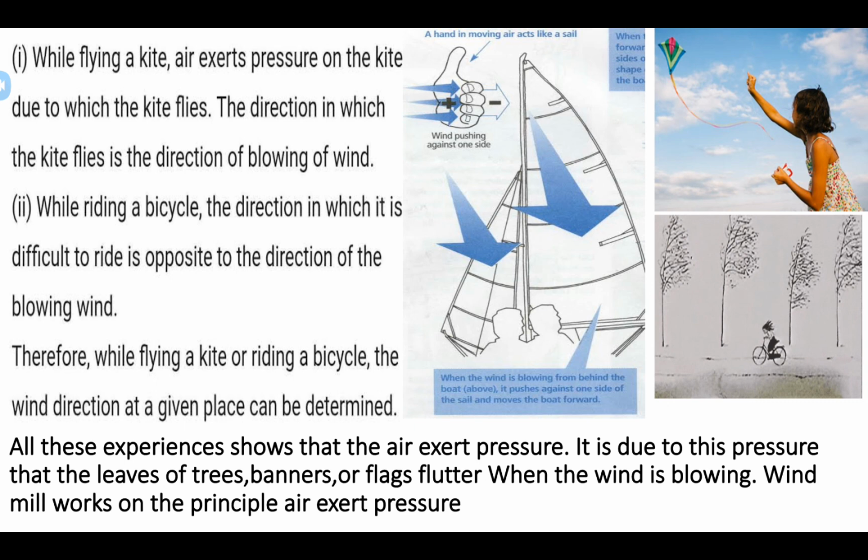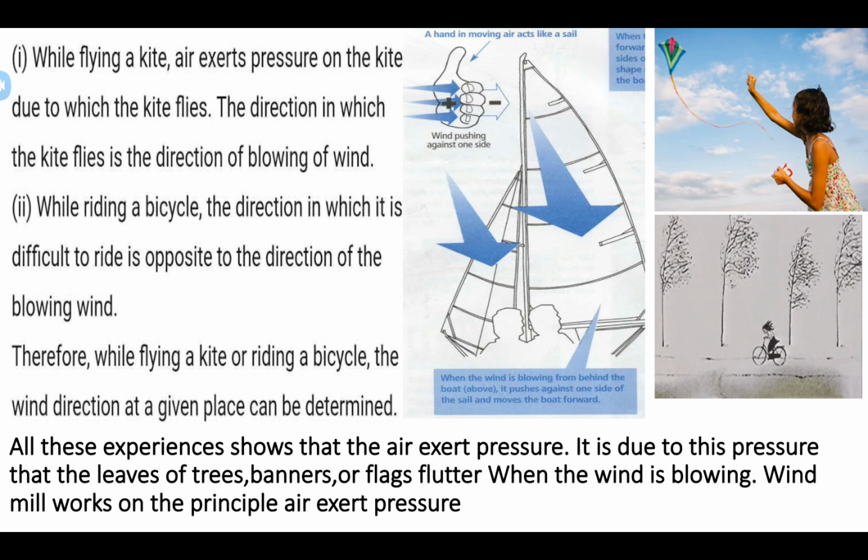So in our daily life we see so many things, especially when you fly a kite. Air exerts pressure on the kite. That's why the kite flies, especially when the air is moving in a particular direction, the kite also flies in the direction of the blowing wind. You know that.